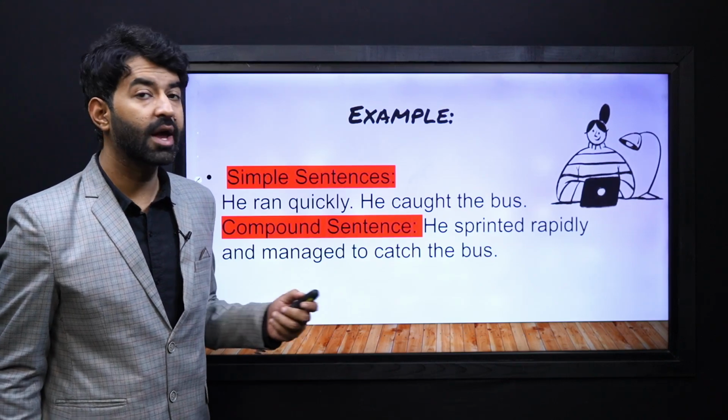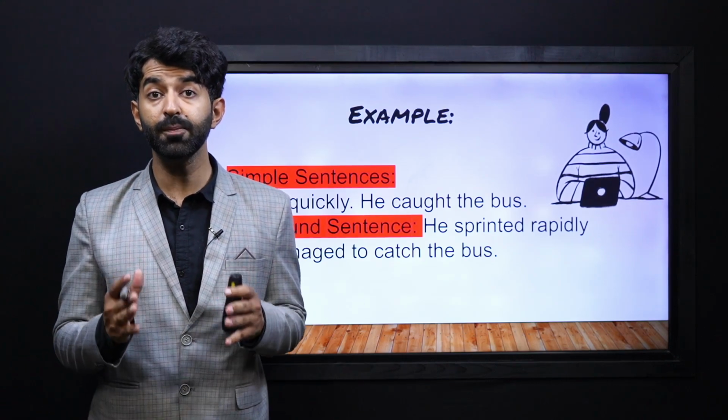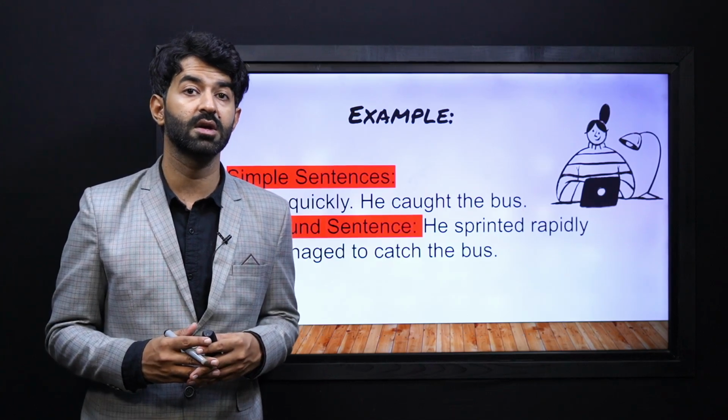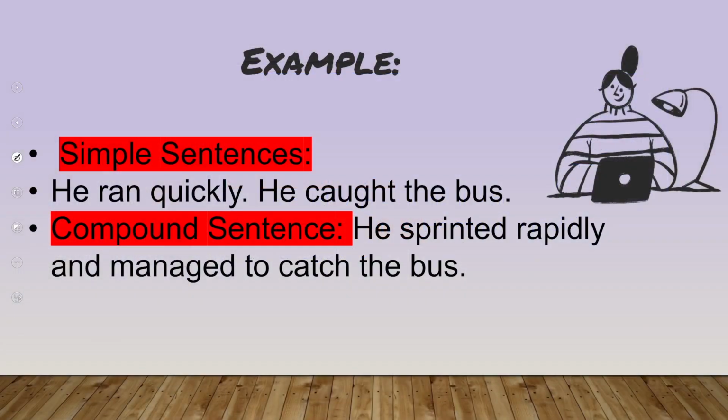Now, let's look at an example. What does a simple sentence look like, and what does a longer sentence look like? For the simple sentence, we have an example: He ran quickly. He caught the bus. These are two different, short sentences.